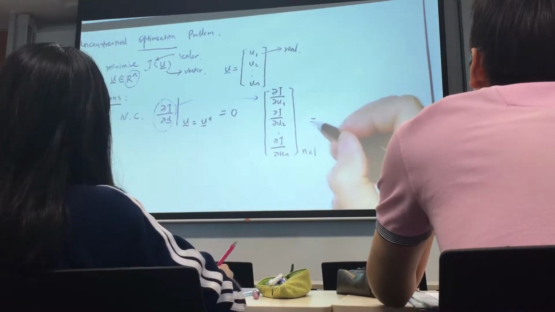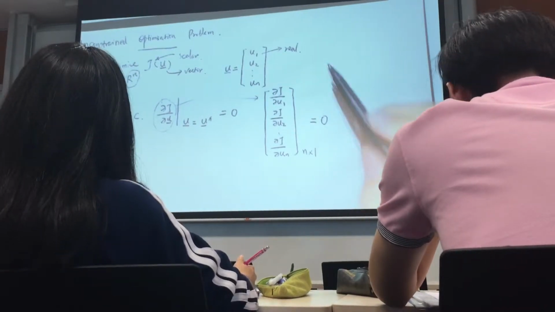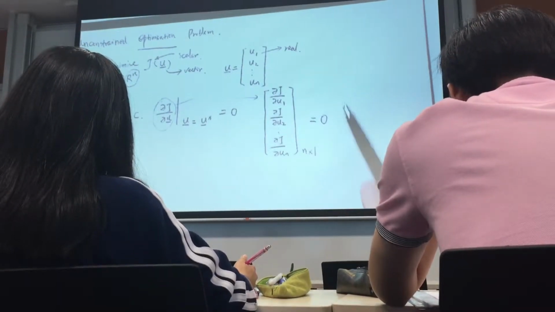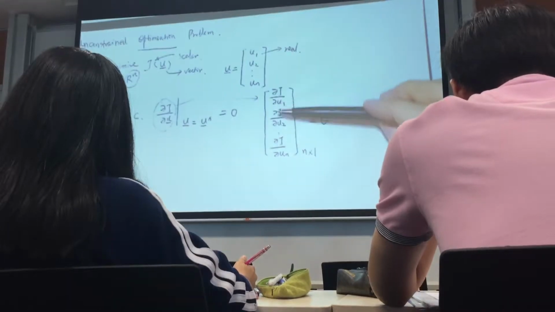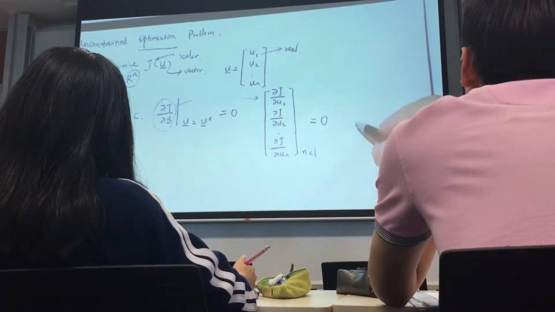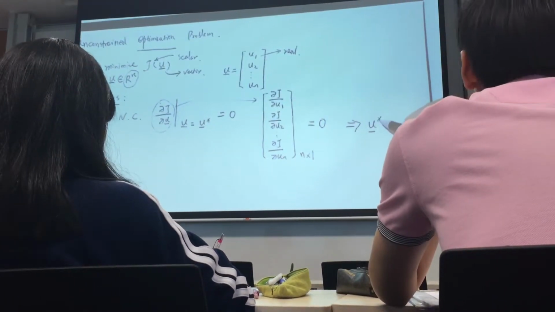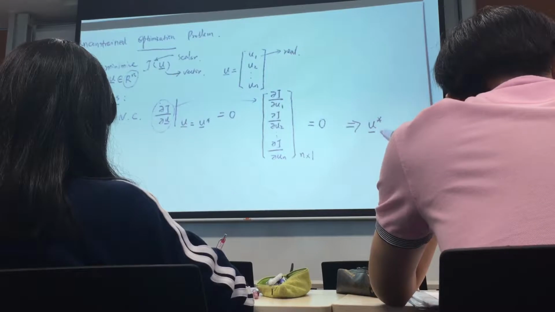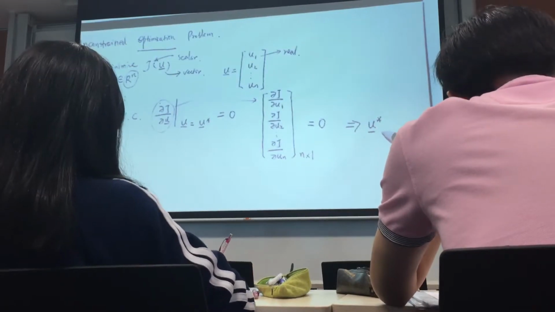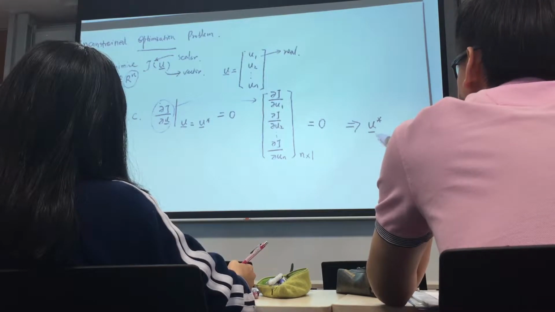So you set this equal to 0. When you solve these n equations, the solution will be the u star. But in the general case, this u star is not unique. So you may find multiple u star.